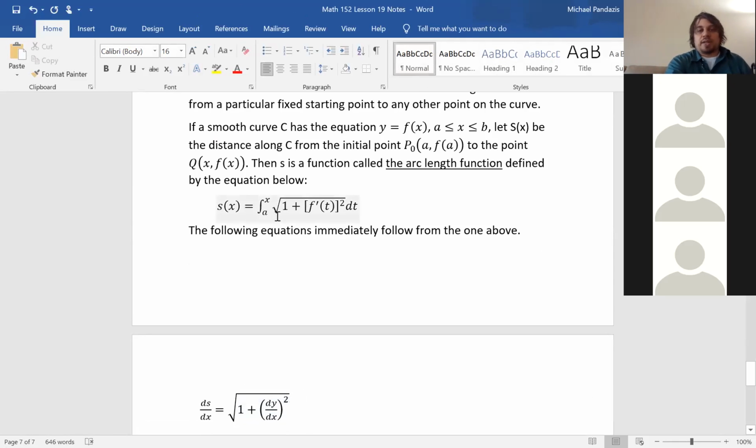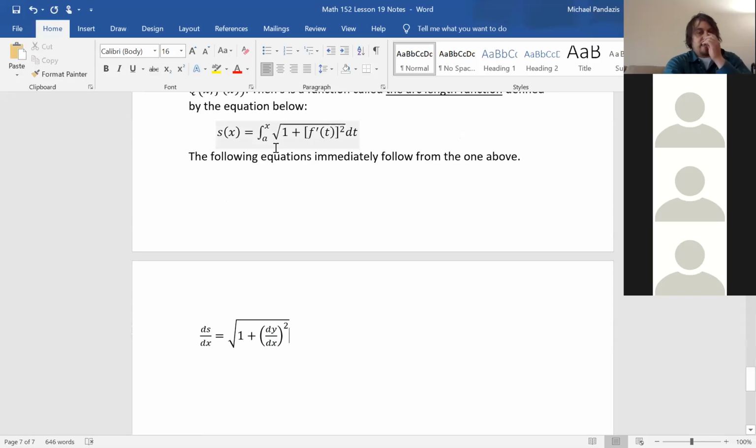That's just because if you take the derivative of an antiderivative, they cancel, and you end up with just the integrand. So you get the square root of that. For f prime of t, you can just use Leibniz notation. You don't need the dummy variable anymore, because x is gone here, so you can just write it like that.